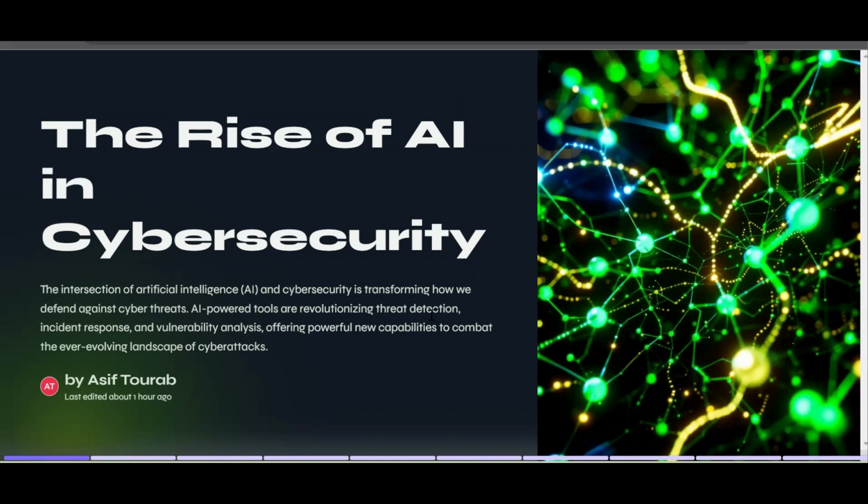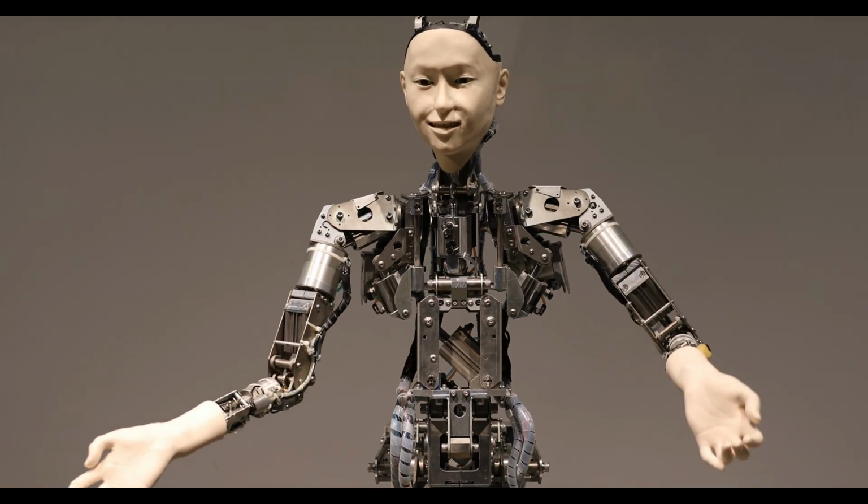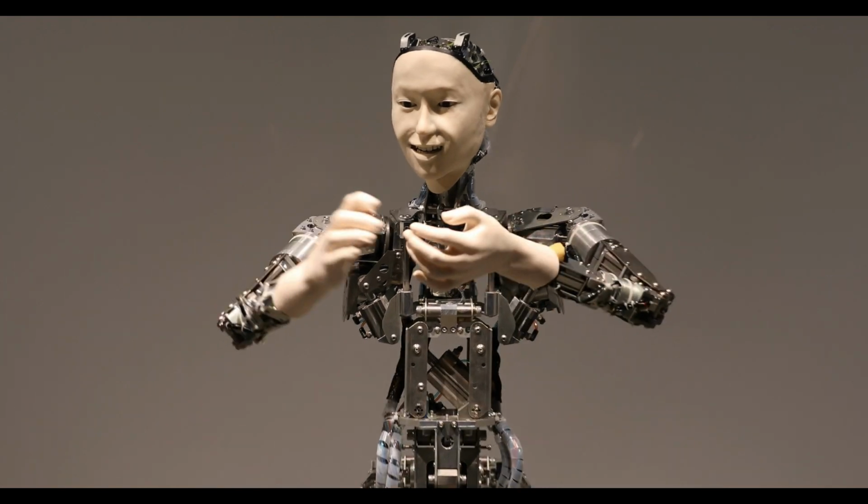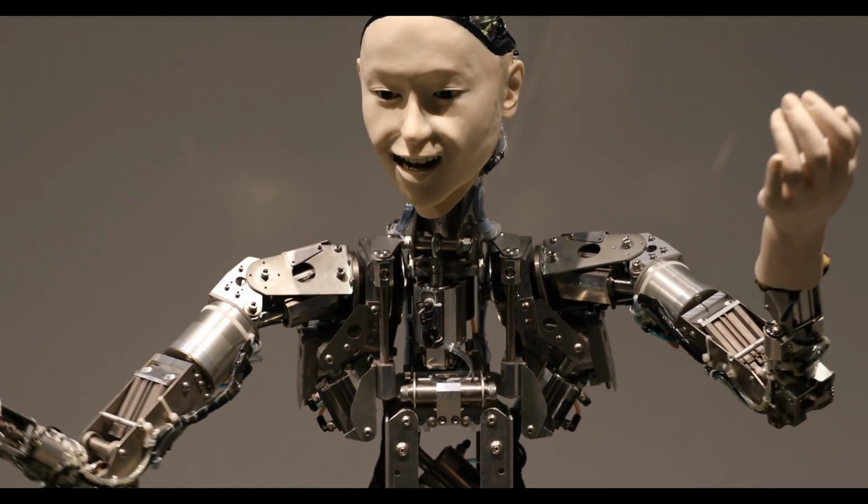So AI is transforming how we defend against cyber threats.